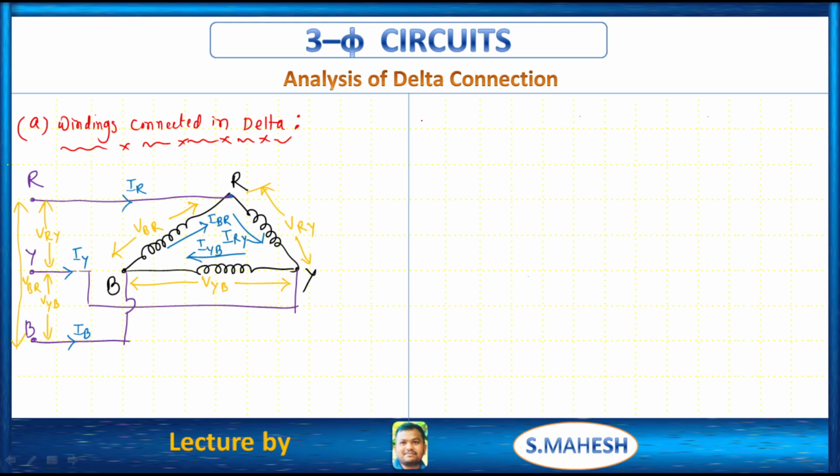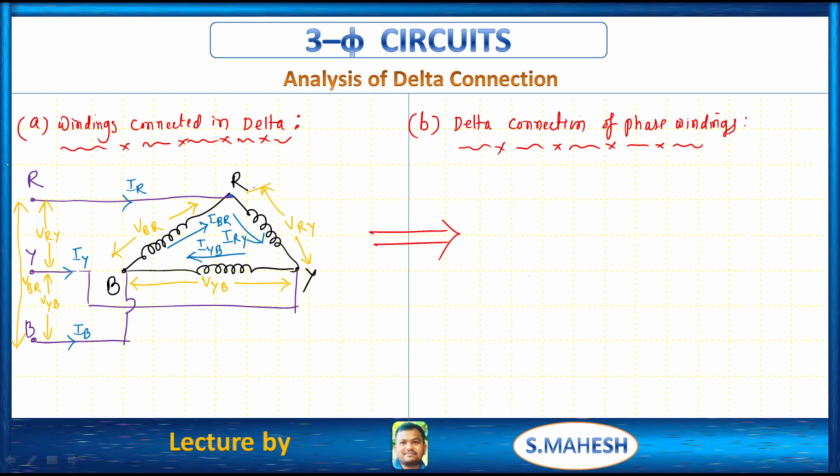We can draw this delta connection of phase windings in another manner. Let us say this is the terminal A dash. This is one side of this winding, the R winding, A dash. Like that, if we consider the Y phase, B dash. Like that, this is C dash, right?